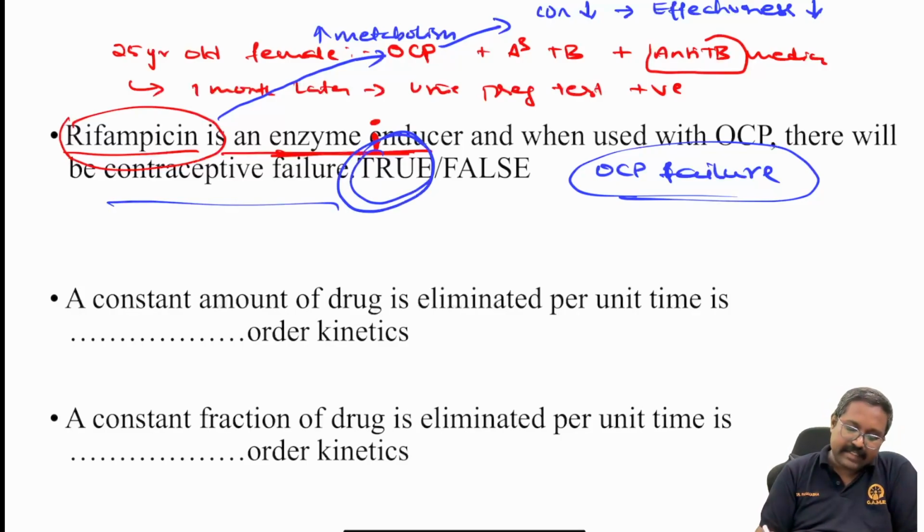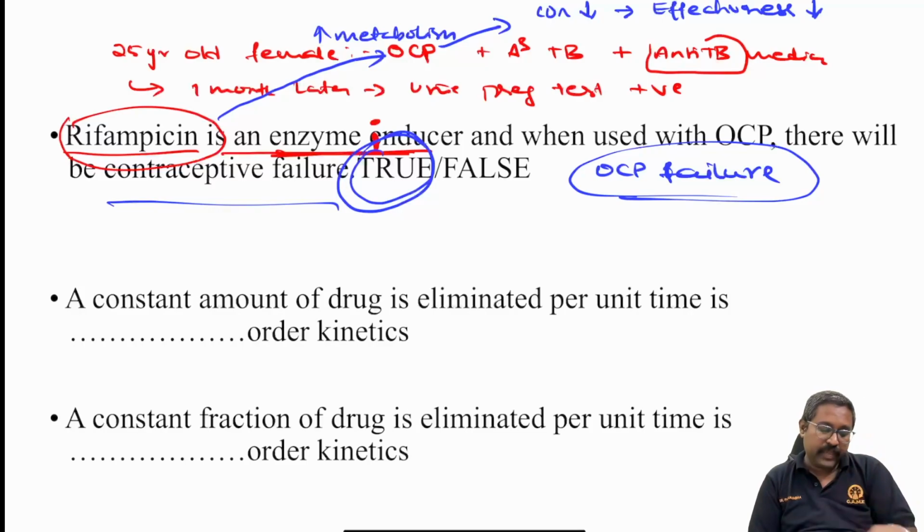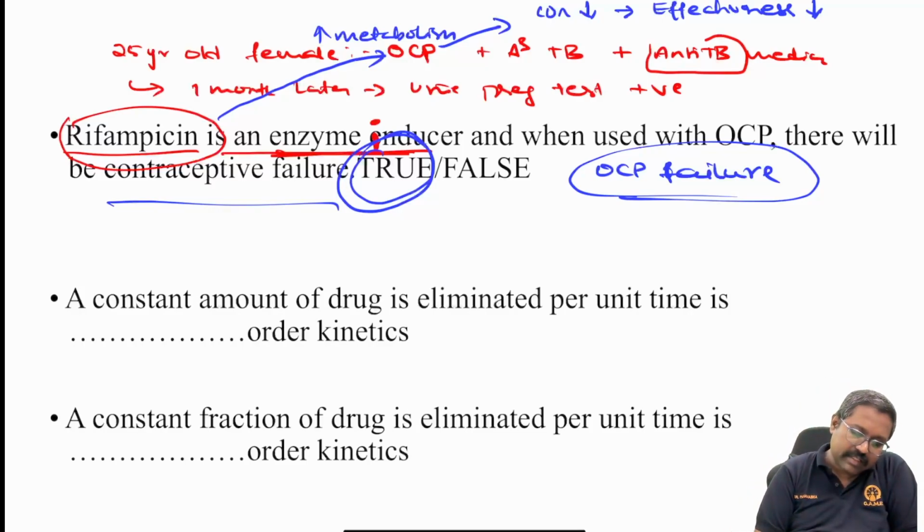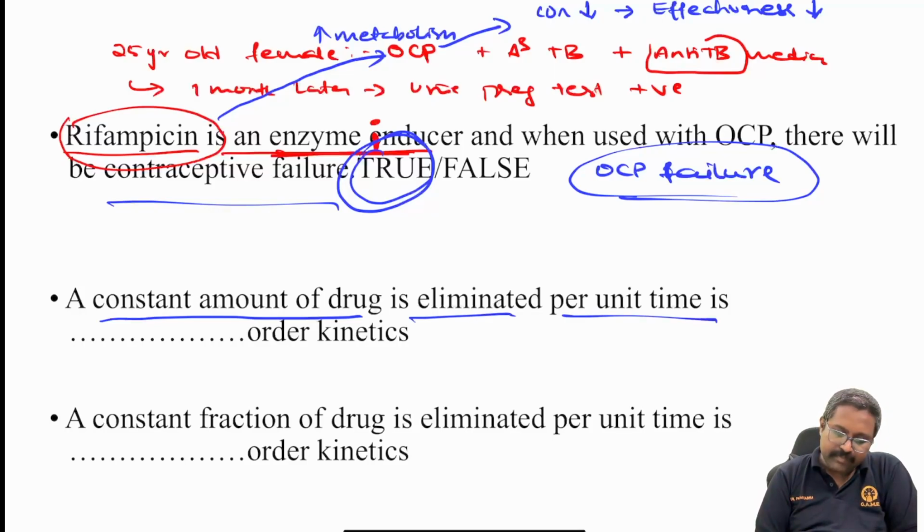So let us understand with respect to kinetics. Next is the concept of kinetics of elimination. With respect to the kinetics of elimination, let us understand this statement. A constant amount of drug eliminated per unit of time is which order kinetics? And one more definition: a constant fraction of drug eliminated per unit of time belongs to which order kinetics? It sounds similar.